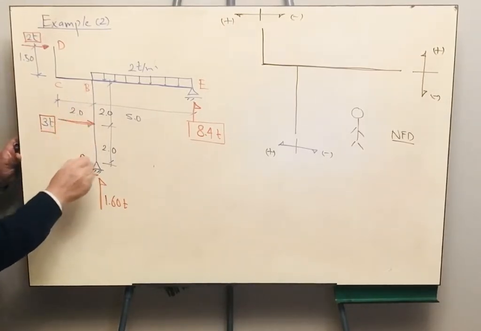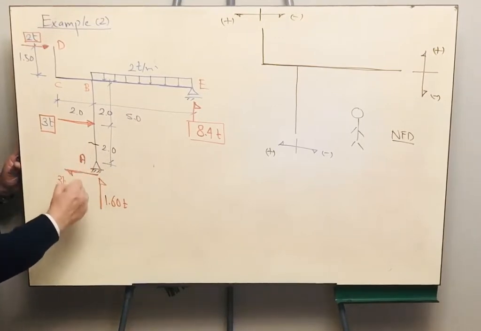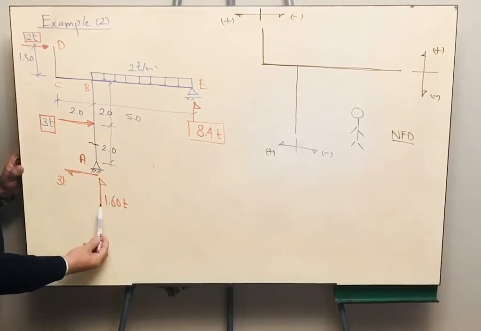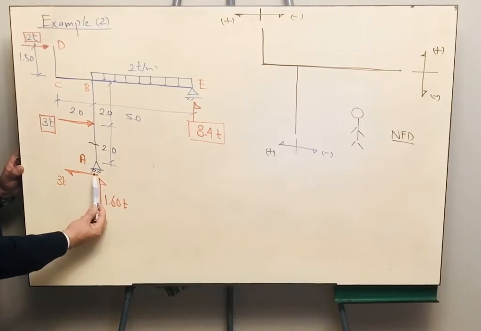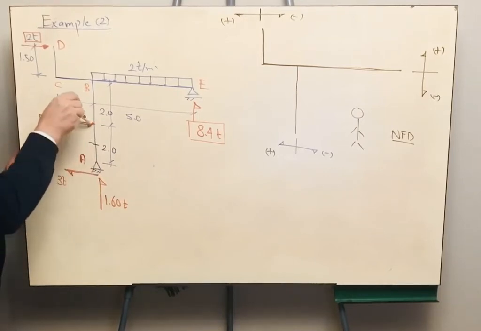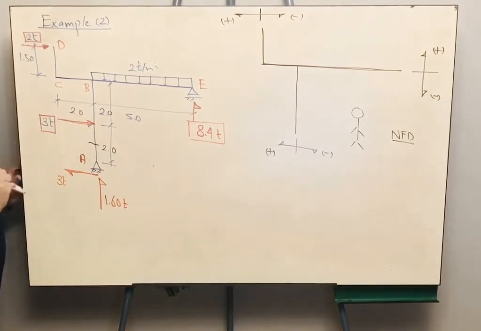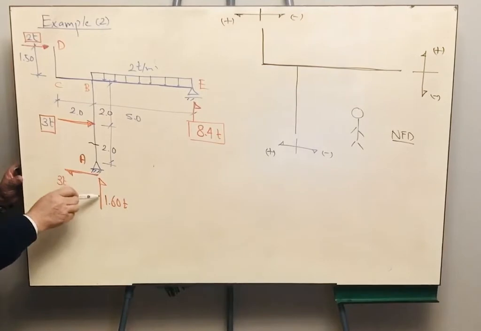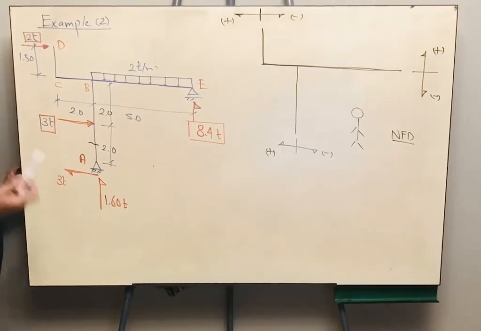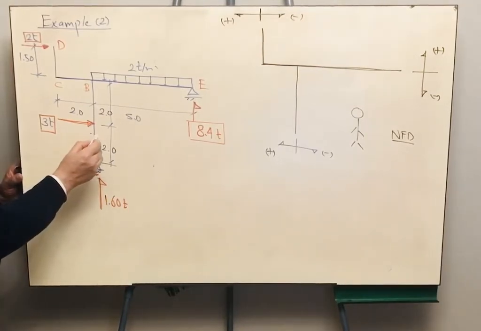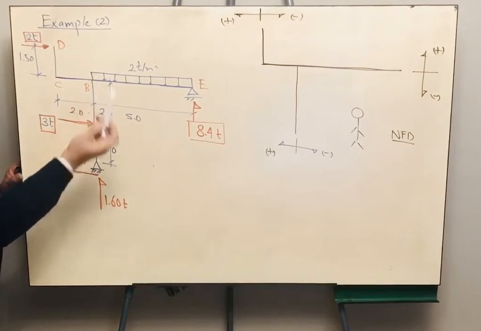For the column AB, if you take a section here, imagine that you are taking this portion only. You have the 1.6 vertical reaction. It should be equilibrated with a normal force directed towards the section, so it will cause compression. So I have a compression force here equal to 1.6. What difference will it make if I cut a section here or here or here? The same.